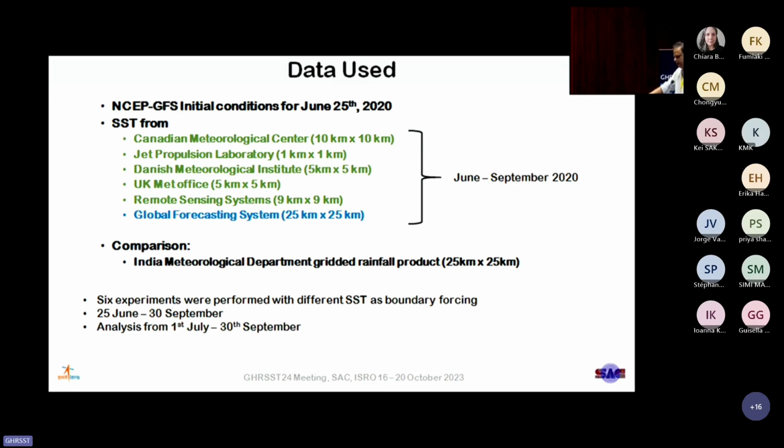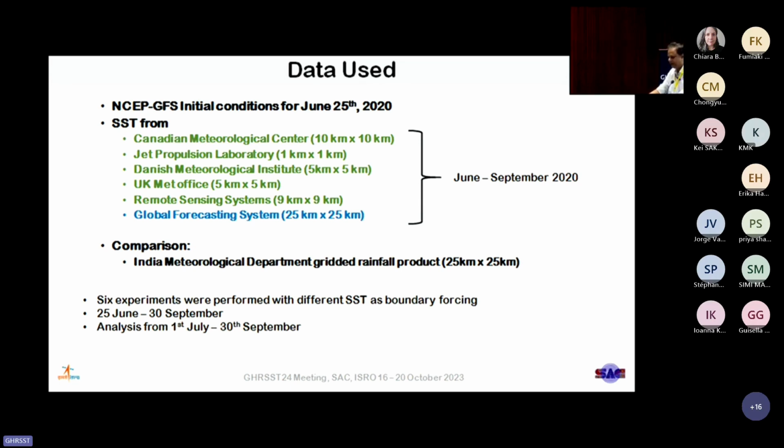And then we have made use of the SST from the Canadian Meteorological Center, the GHRSST product at 10 kilometer resolution, JPL, that is 1 kilometer resolution, DMI, that is 5 kilometer resolution, UK Met Office, that is at 5 kilometer resolution, and the remote sensing systems product, that is at 9 kilometer resolution. So these are all the experiments that we've carried out, and along with that, we have our control experiment that we have forced with the GFS sea surface temperature, that is at 25 kilometer by 25 kilometer resolution.